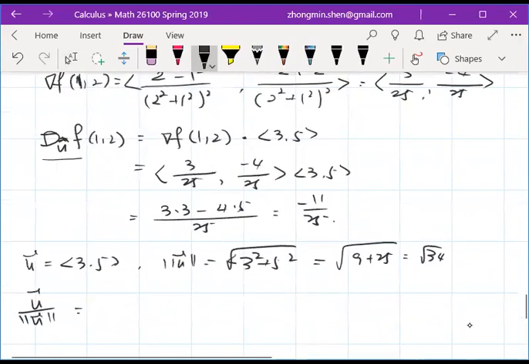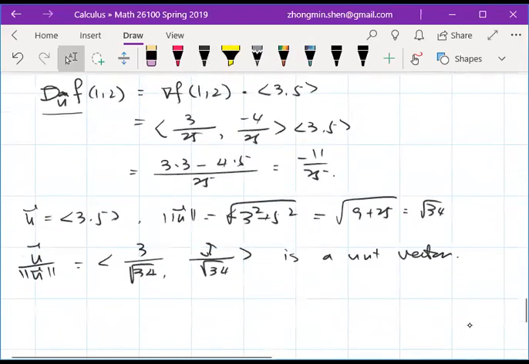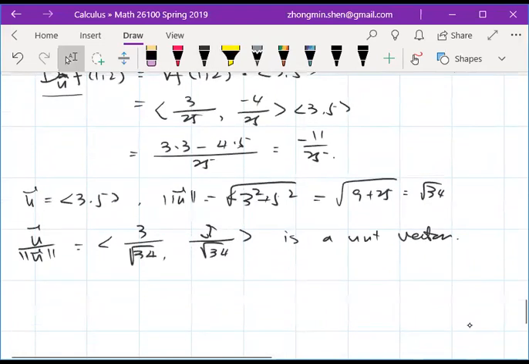If you normalize it, this is a unit vector. When we say in the direction of u, we mean the unit vector. In the direction of u, we have to normalize the direction.